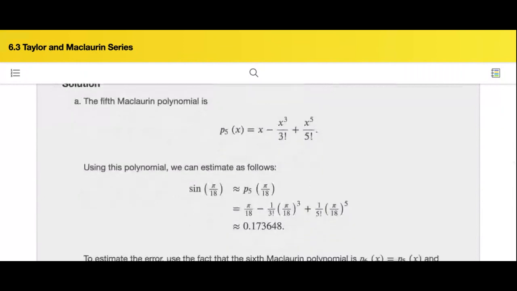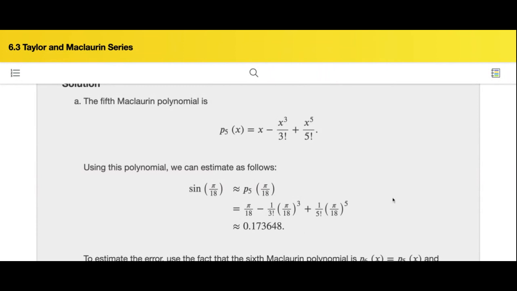And using this polynomial, we can estimate sine pi over 18. Sine pi over 18 just equals this function with pi over 18 plugged in. So we get pi over 18 minus 1 over 3 factorial times pi over 18 raised to 3, plus 1 over 5 factorial multiplied by pi over 18 raised to 5. We put this into the calculator and approximate, and that's about 0.17 something.